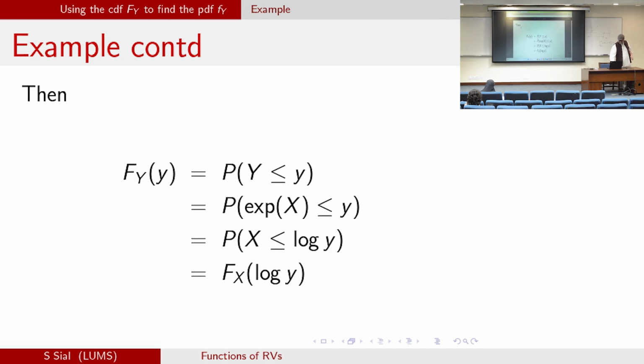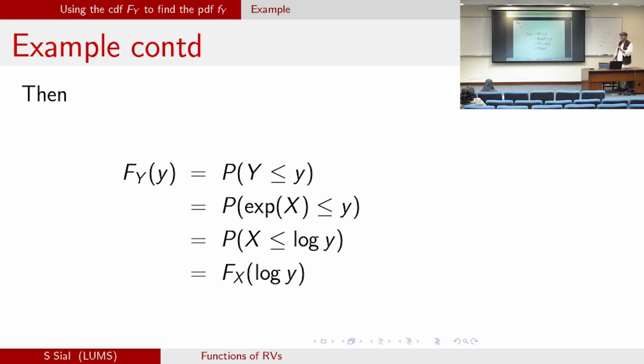Now, let's go through this carefully. The probability that y takes a value less than or equal to y, well, that's the CDF. In order for that, well, what was y? Y was the exponential of x. So the exponential of x should take a value less than or equal to y.